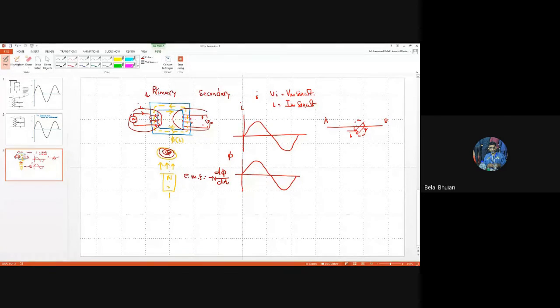So there is a relationship between Vi and V0. V0 over Vi is proportional to the turn ratio.